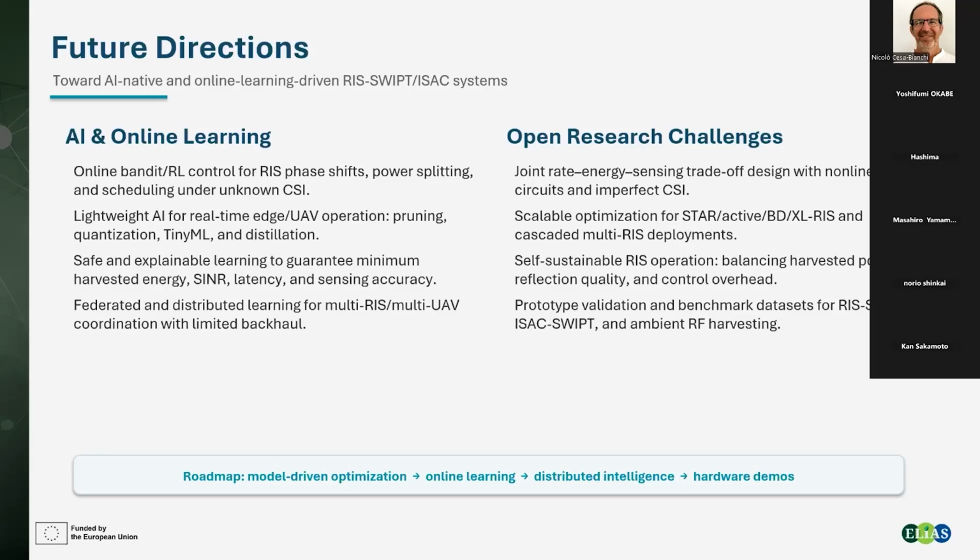What are the private variables that you want to protect? The users, the channel itself may be hacked by some other person, and the targets for sensing. Okay, thank you. Thanks a lot.